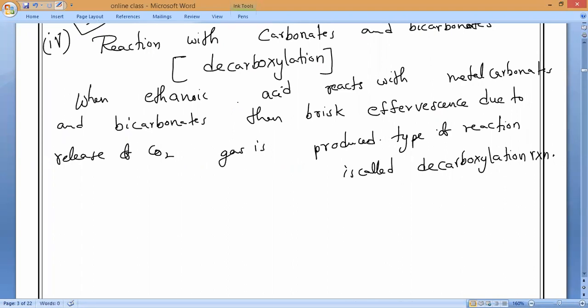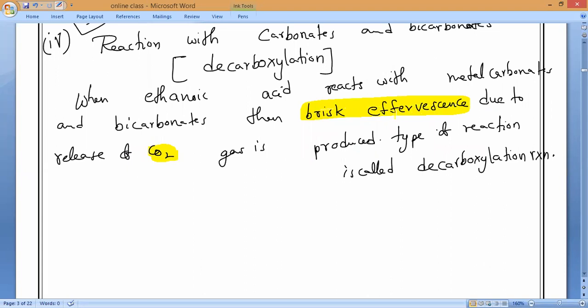Ethanol will never react with sodium carbonate or bicarbonate, whereas ethanoic acid gives brisk effervescence due to the release of CO2.